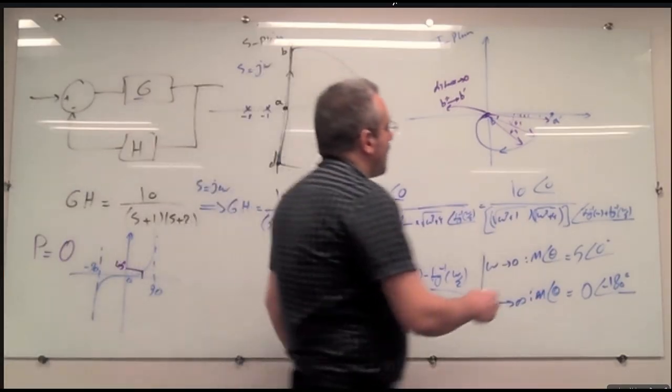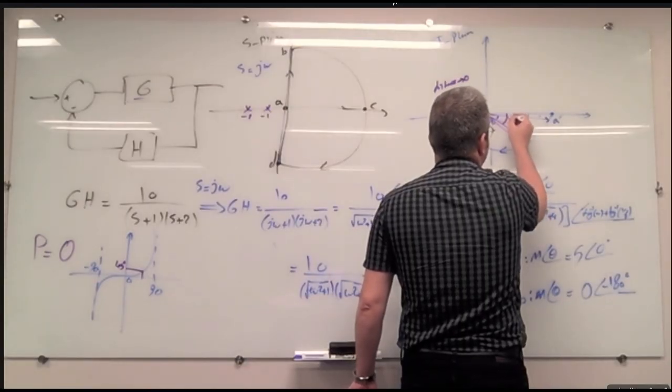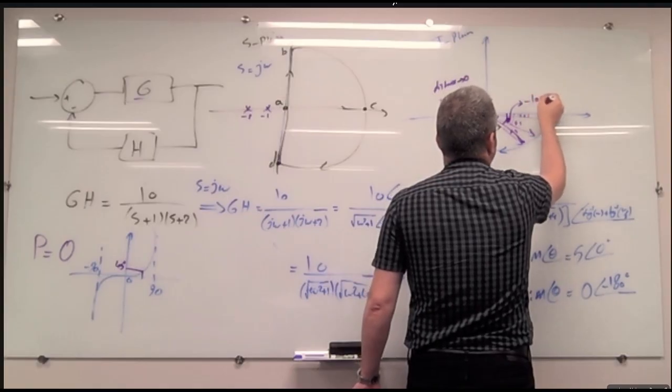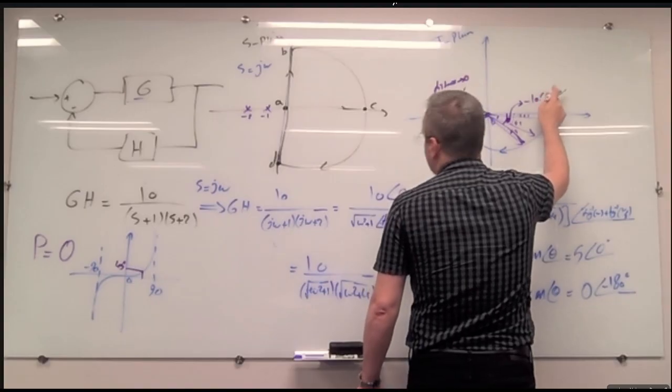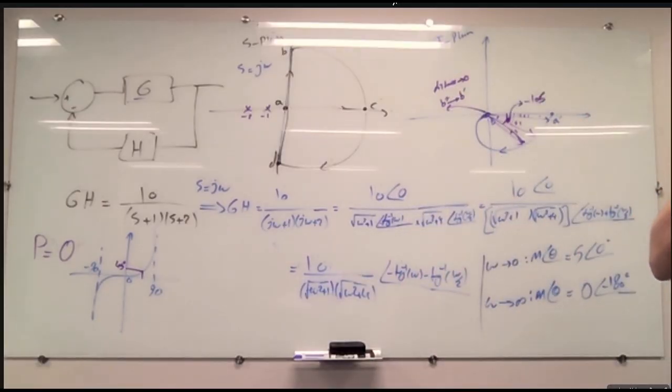So we can map that with a theta of minus 105. Is that clear what I'm talking?